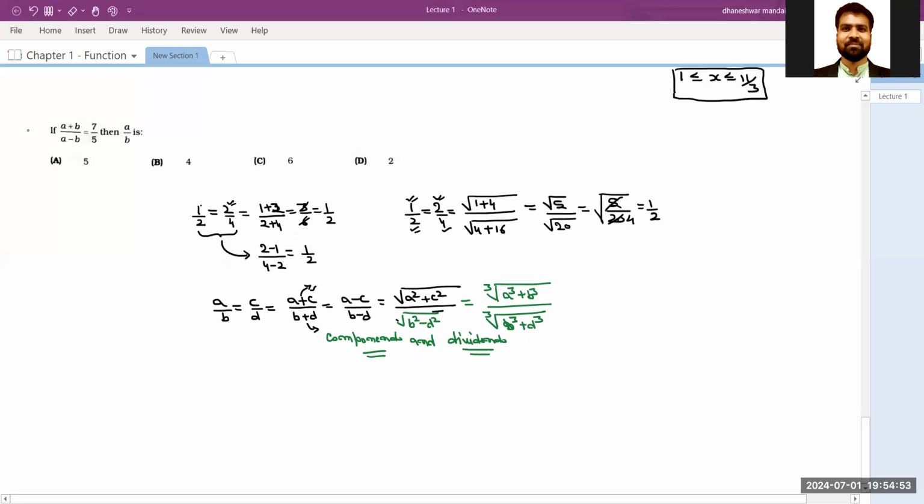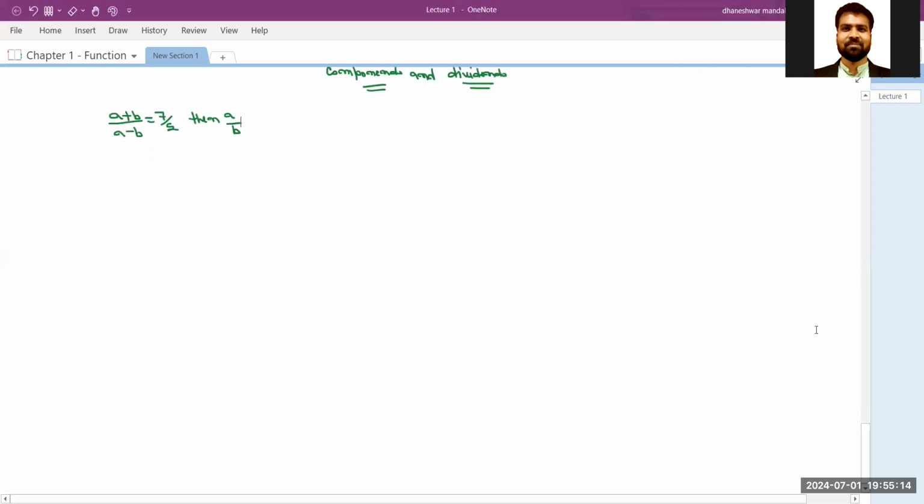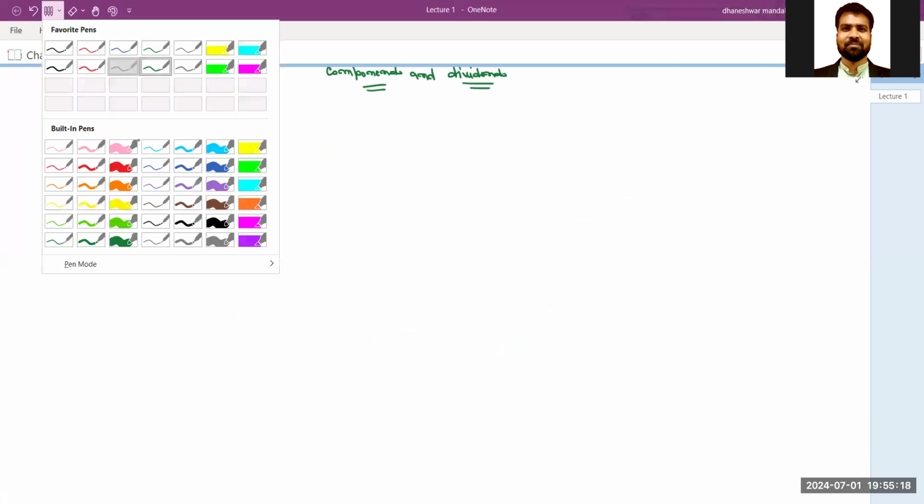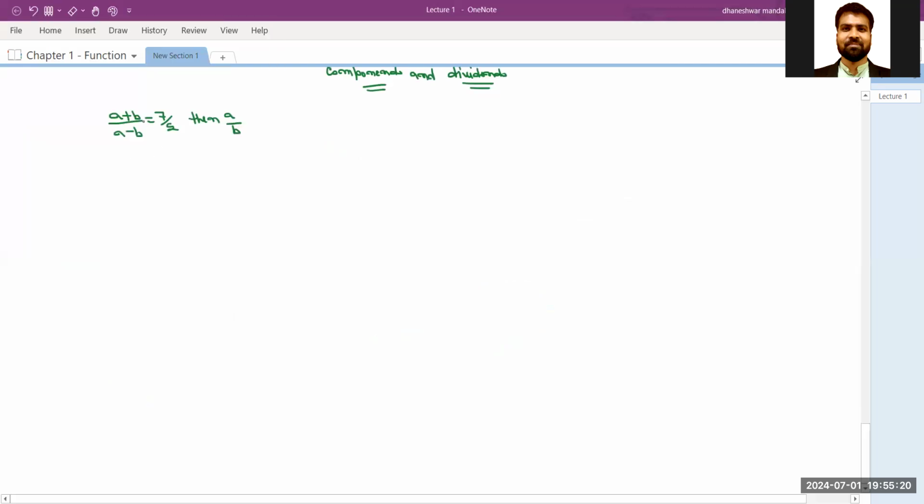Here we have one question. So what is the question? A plus b divided by a minus b is equal to 7 by 5, and I have to find the value of a by b. So one method is there: multiply these two terms and then solve. If I don't know anything, then what is the basic method? Multiply these two terms.